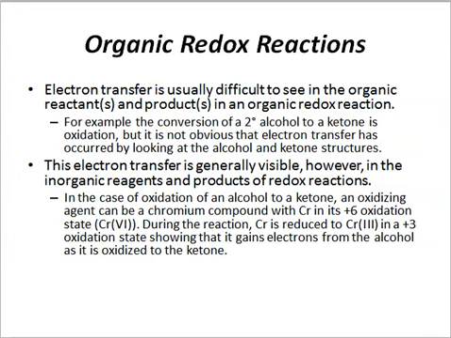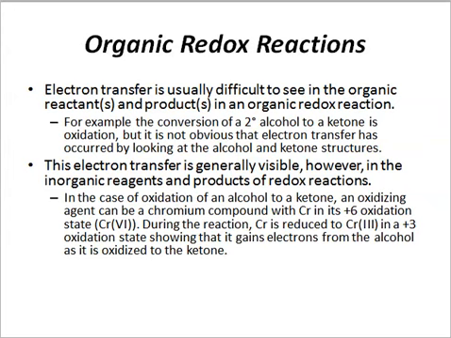Another important thing is that when you are studying organic redox reactions, the electron transfer is usually difficult to see in the organic reactant and organic product. For example, consider that we convert a secondary alcohol to a ketone.